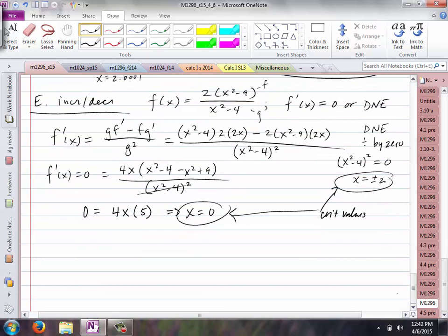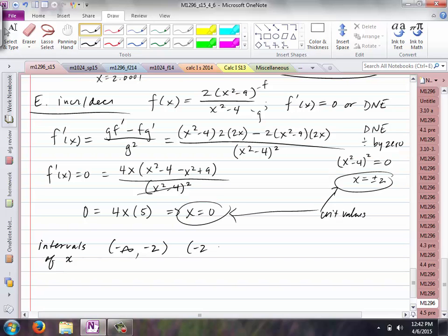We use those to set up a table. So the intervals: I'm going to pick up at negative infinity on the very left, and then I'm going to go to the first critical value, which is negative 2.